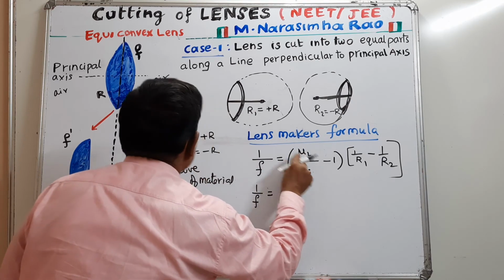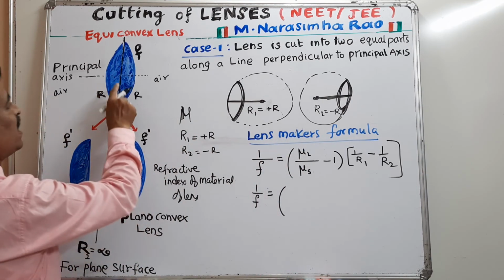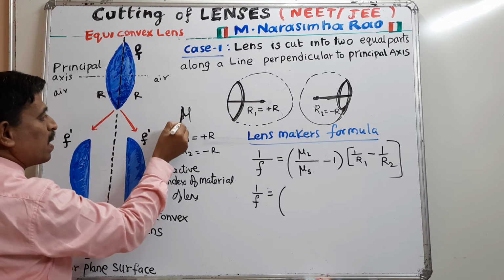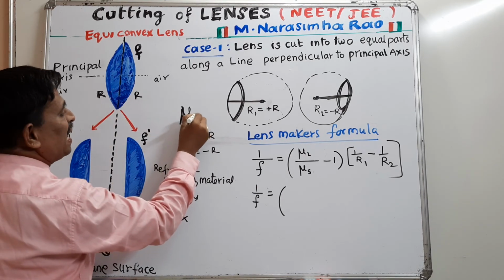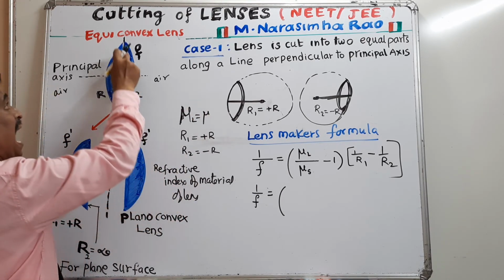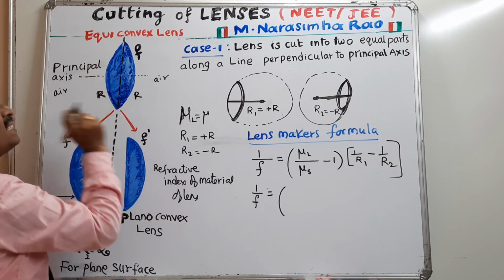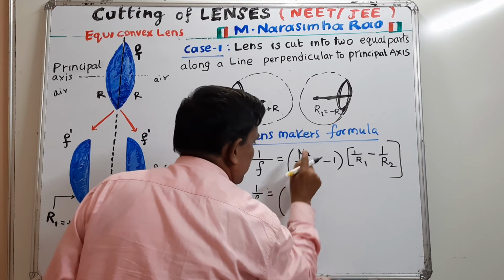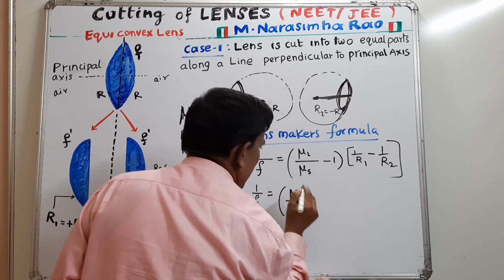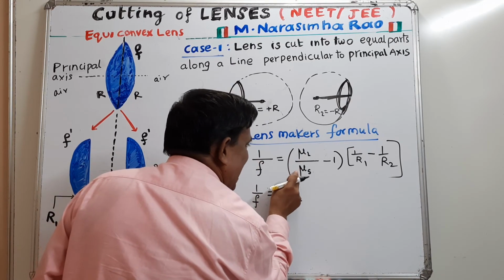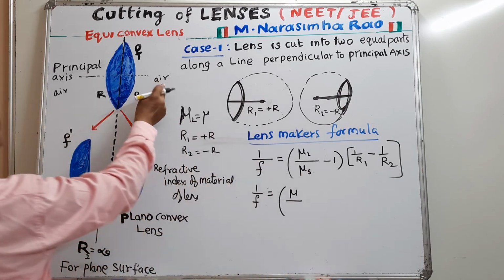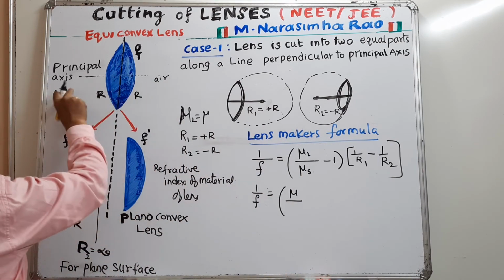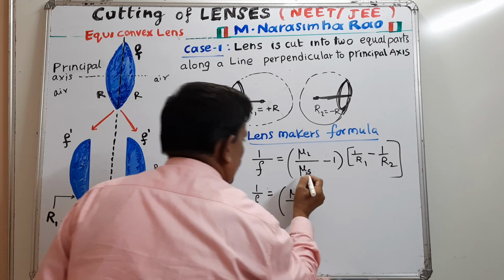1 by f is equal to, the refractive index of the lens material they have given as mu, divided by the refractive index of the surrounding medium. The surrounding medium is air, whose refractive index is 1.